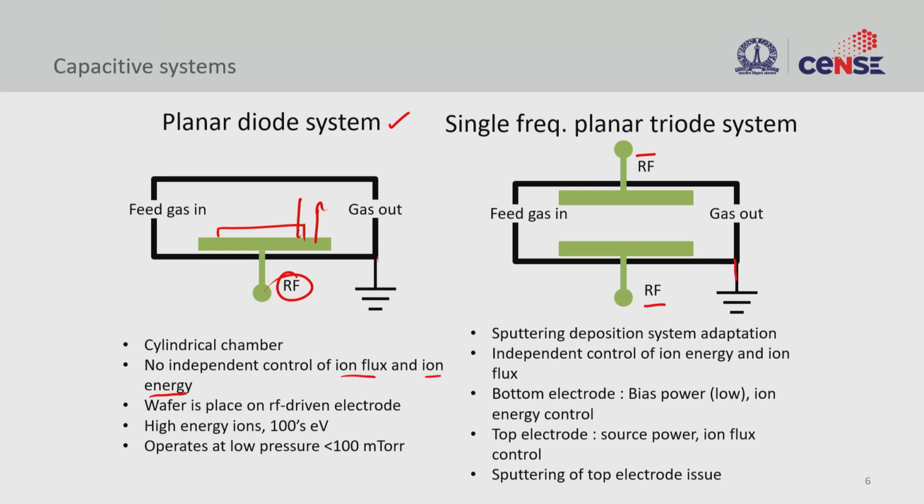This was introduced so that you can feed from both sides, and in this case you have to alternate the frequency from the top electrode and bottom electrode, so that you could transfer the energy to the system, at the same time protect the wafer from getting sputtered.